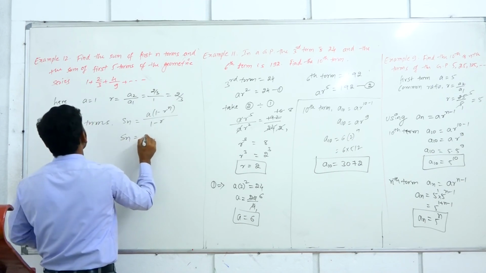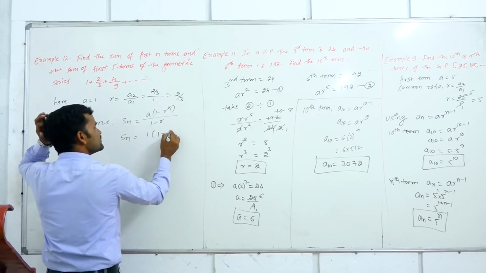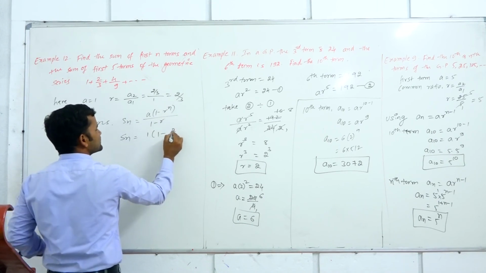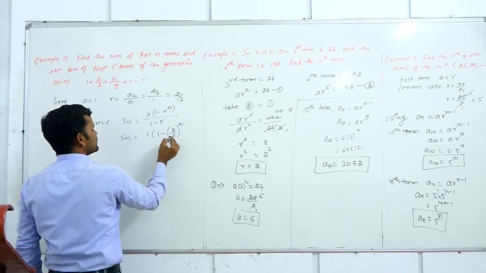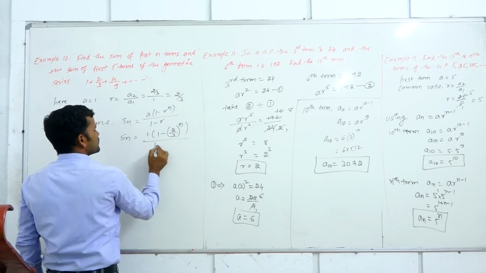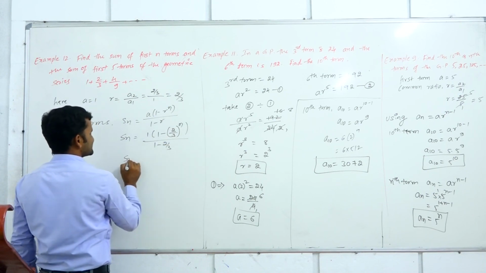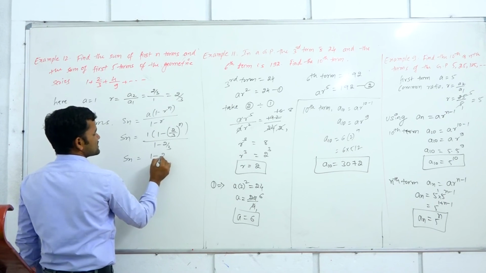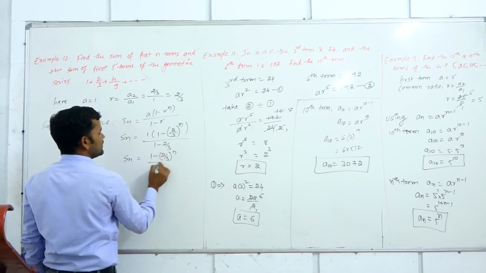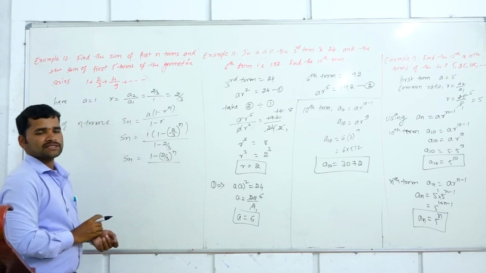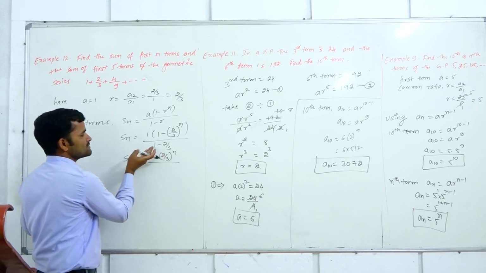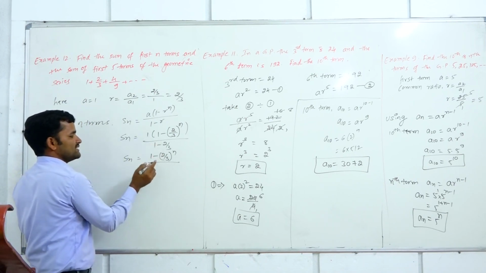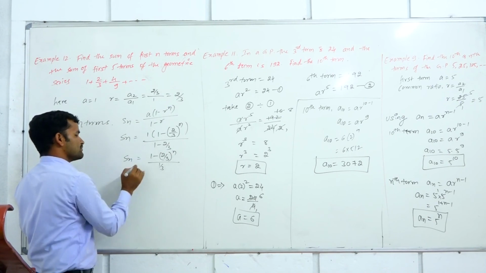Sn is equal to A is 1, minus R value 2 by 3 whole to the power of n, divided by 1 minus 2 by 3. If you cross multiply, this becomes 3 minus 2 by 3, it means 1 by 3. 3 will come to the numerator.